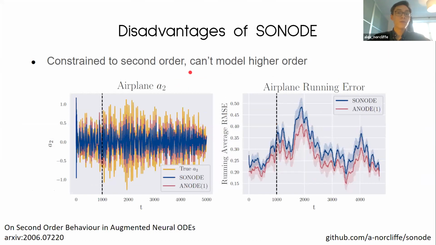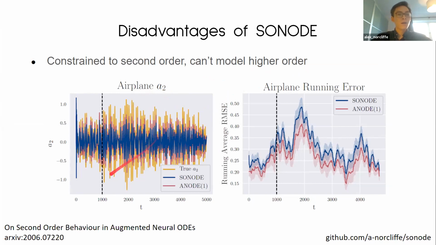Also, SONODEs are constrained to second order, so they can't model any higher order dynamics very well. We looked at this airplane data, which looked at an airplane's wing, where they were oscillating one side of the wing, and they had accelerometers around on the plane. We looked at this one, A2, and this is very much not second order.